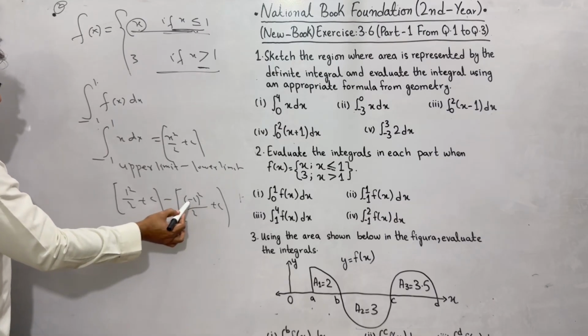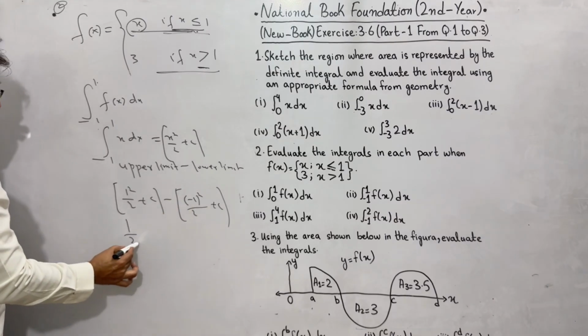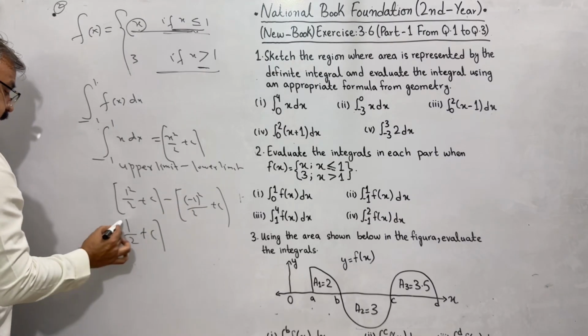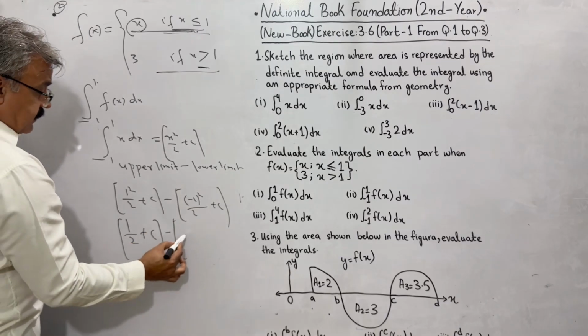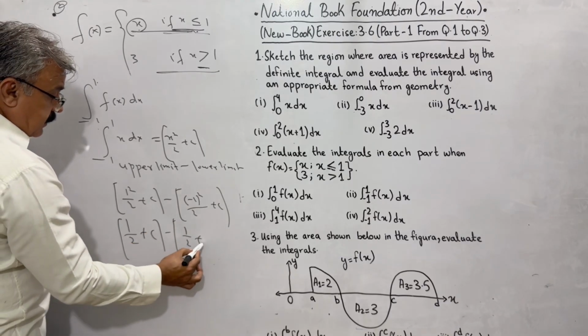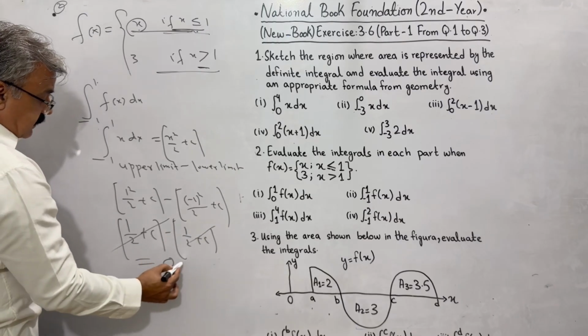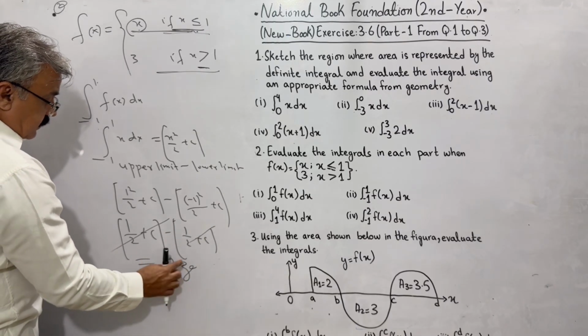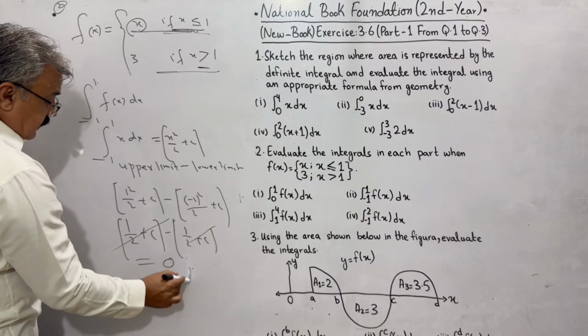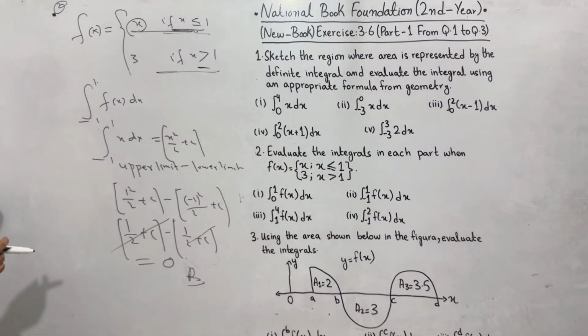Owing to the even power, minus turns positive, so it becomes 1 over 2 plus c. Another bracket, negative times negative 1 over 2 plus c. Both brackets are identical, so they cancel out. So 0 square units is our area in that case.